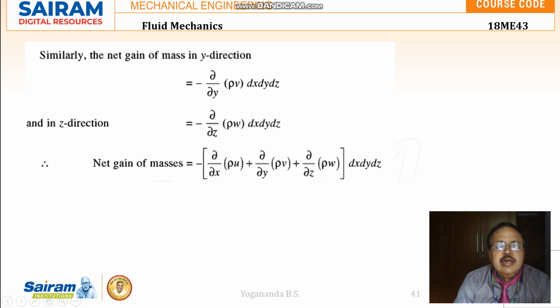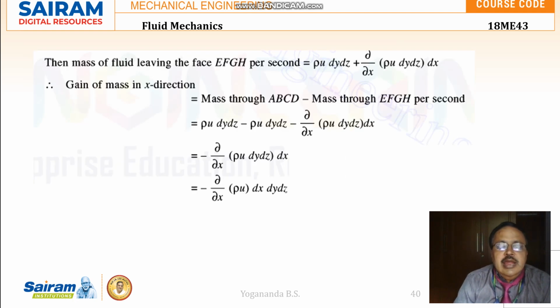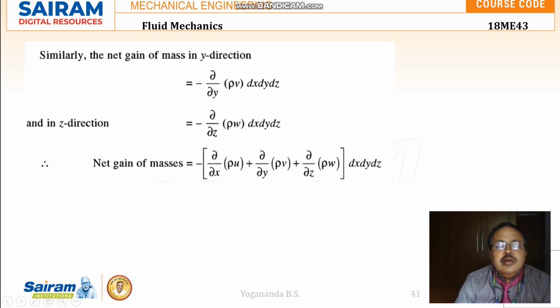Taking the summation of the gain of masses in all three directions x, y and z, we have del by del x of rho u dx dy dz, and so on, taking all three components. So dx dy dz is common in all three terms, so it is taken outside.